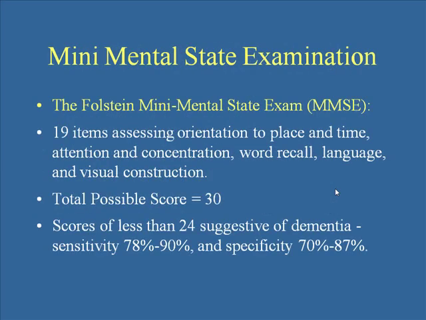I don't think one can, in good conscience, discuss screening for dementia without spending some time talking about the Folstein Mini Mental State Exam. I believe that this remains the gold standard tool for bedside assessment of cognition, and much of the work trying to understand the role of screening for dementia has used the Folstein Mini Mental State Exam.